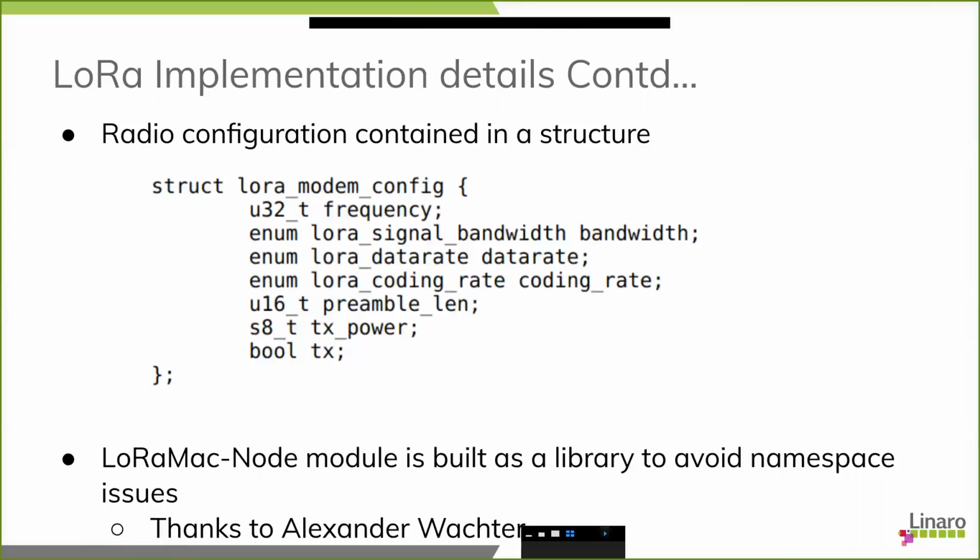So it has a few symbols which were defined in both repositories. I had to build it as a library in order to avoid those issues. And thanks to Alexander Wachter, because he gave me that suggestion; I never knew these kinds of things existed in Zephyr. This is pretty good.